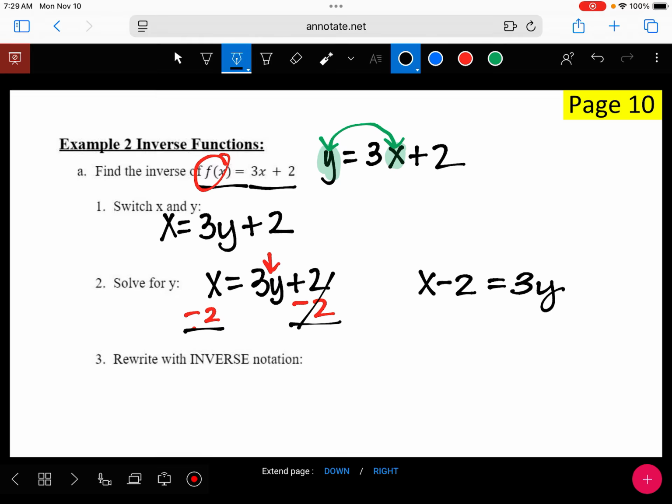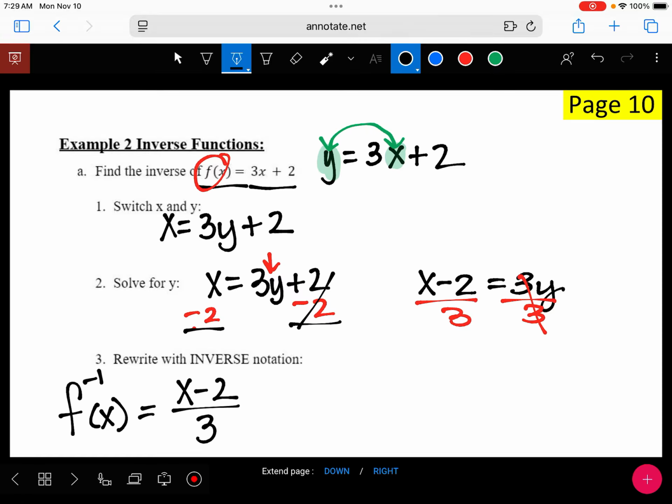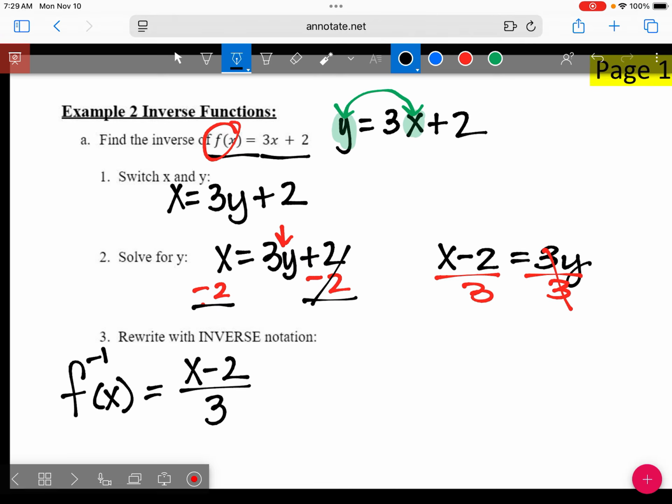And then the opposite of multiplying by 3 is dividing by 3. So my inverse function would be x minus 2 over 3. And we're going to use that inverse symbol where you have the f with the negative 1 next to it. And that's how you're going to write it.